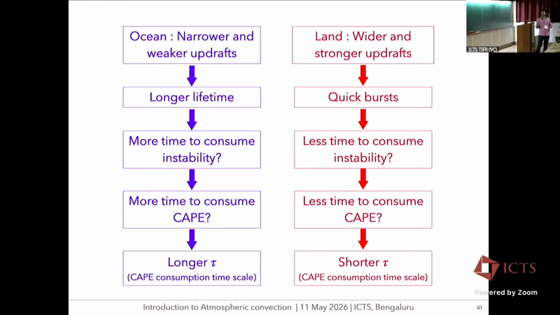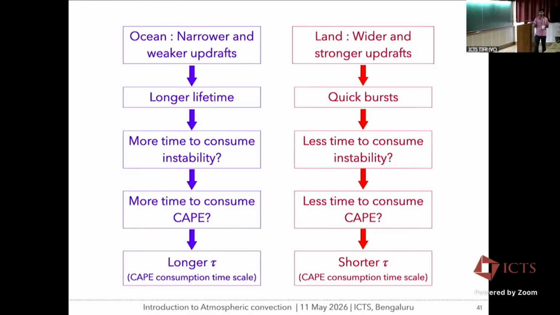So what that means is the cloud would take more time to consume the instability in the atmosphere. And again, I'm throwing out this jargon CAPE, convective available potential energy. I think you know what it means. It's just an indicator of instability in the atmosphere. And in some of the climate models or convection parameterization schemes, CAPE is used as a measure of how fast or slow it will be consumed.